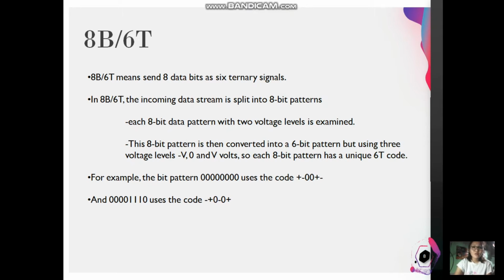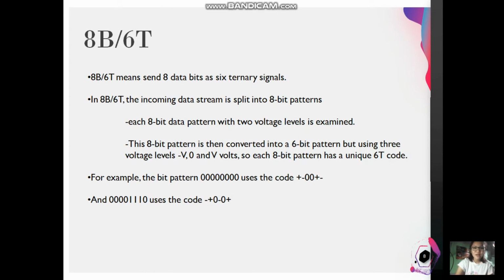So in this type of line coding scheme, the incoming data stream is split into 8-bit patterns. Each 8-bit data pattern with 2 voltage levels is examined. This 8-bit pattern is then converted into a 6-symbol pattern but using 3 voltage levels. We have negative volts, 0, and positive volts. So each 8-bit pattern has a unique 6T code.